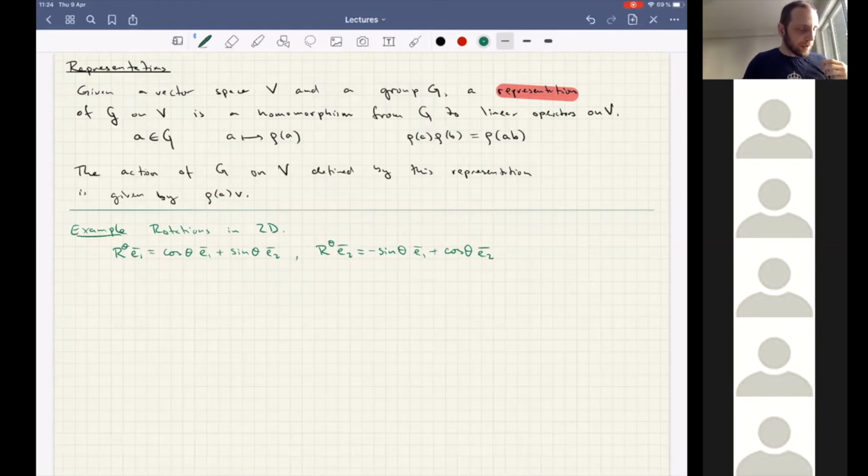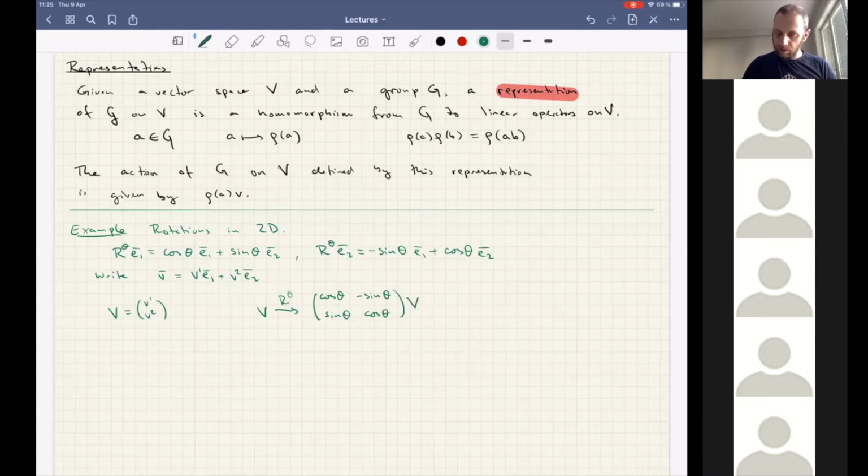Now, if I write a general vector v, which is v1 E1 plus v2 E2, and represent this with the column matrix v1 v2, this means that v under these rotations maps to the matrix cosine theta, minus sine theta; sine theta, cosine theta, multiplying v.